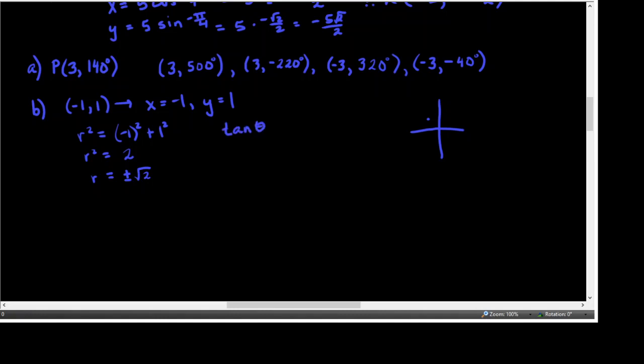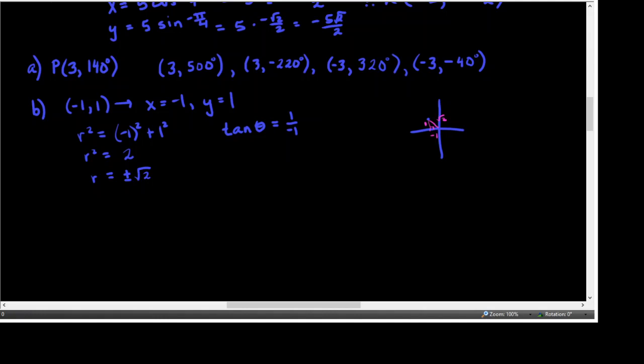Okay, then tangent of theta will be y, which is 1, over x, which is -1. And of course, if I plotted that, I'll even use the same grid I had over here. That's going to put me at that place. So I'm going to draw my little right triangle. And of course, this is -1, and that's 1, and that's square root of 2.